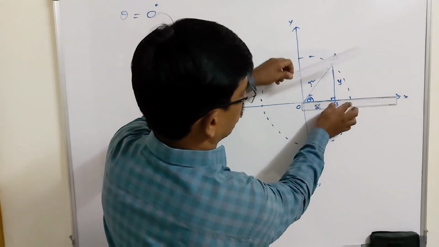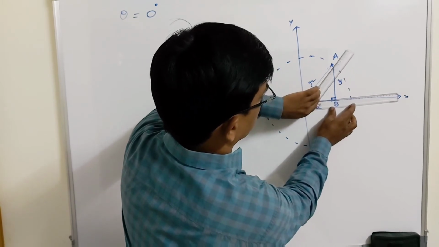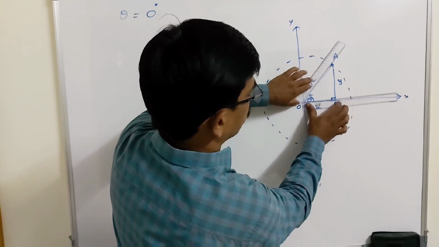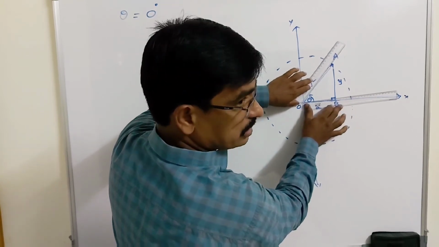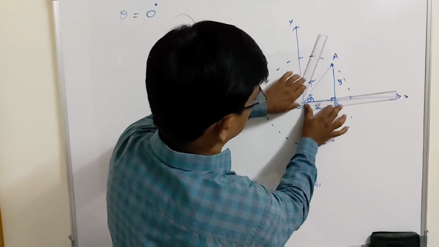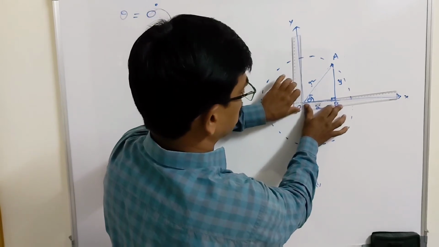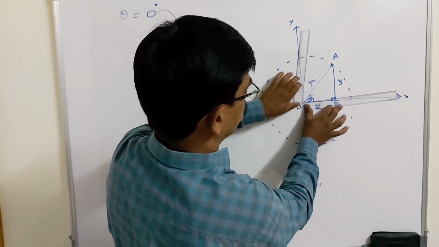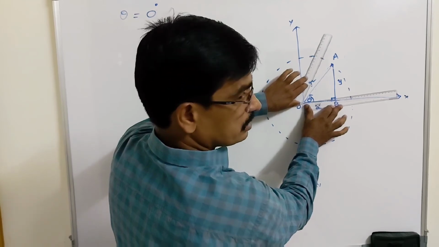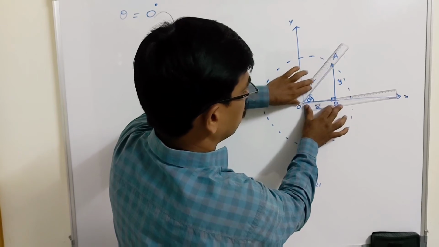This is OB, this is OA. If you rotate like this, the angle between OB and OA is theta. If you move it in the anti-clockwise direction, the theta value will increase, so it becomes 90 degrees. If it rotates in the clockwise direction, what will happen? Theta, the magnitude of the angle, decreases.